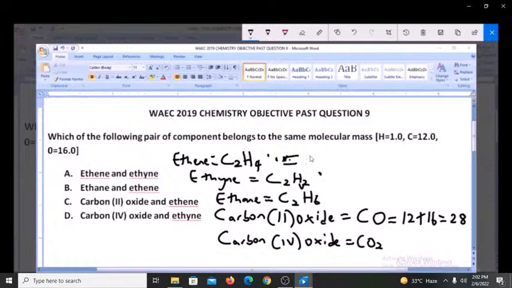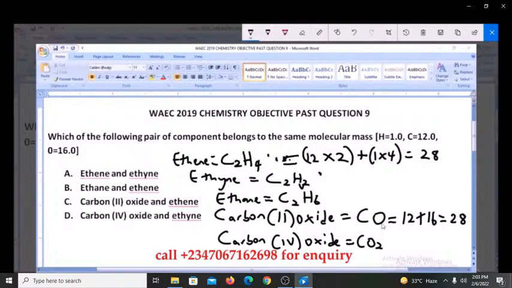Ethene has 2 carbon atoms, so 12 multiplied by 2 plus 1 multiplied by 4. 12 multiplied by 2 is 24. 1 multiplied by 4 is 4. So 24 plus 4 is 28.